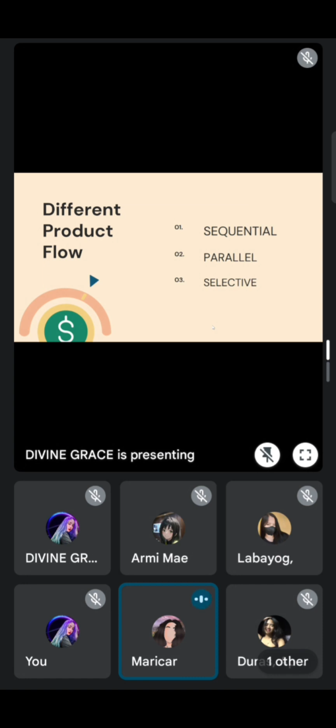In other words, these different product flow methods help businesses adapt their production processes based on their specific needs and the nature of the product being manufactured. Sequential flows offer simplicity and order. Parallel flows enhance efficiency and reduce time to market. And the selective flow provides flexibility and customization.